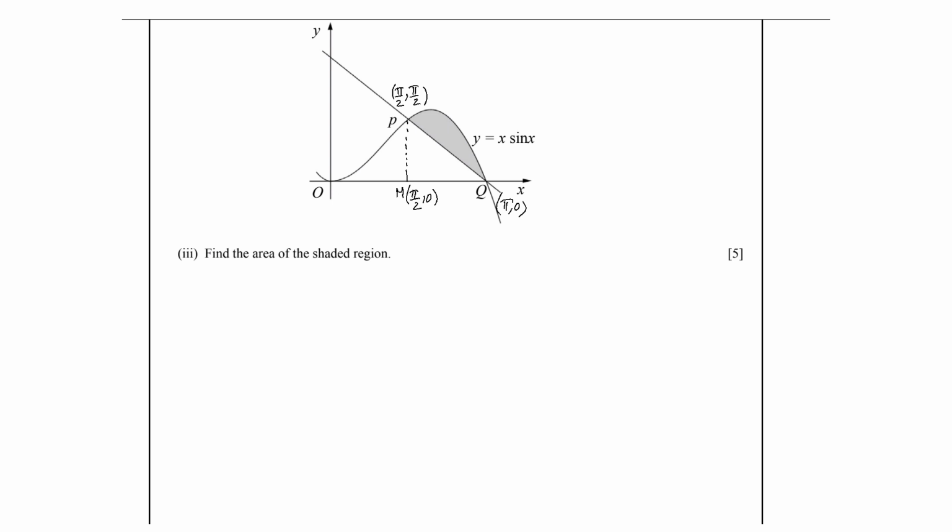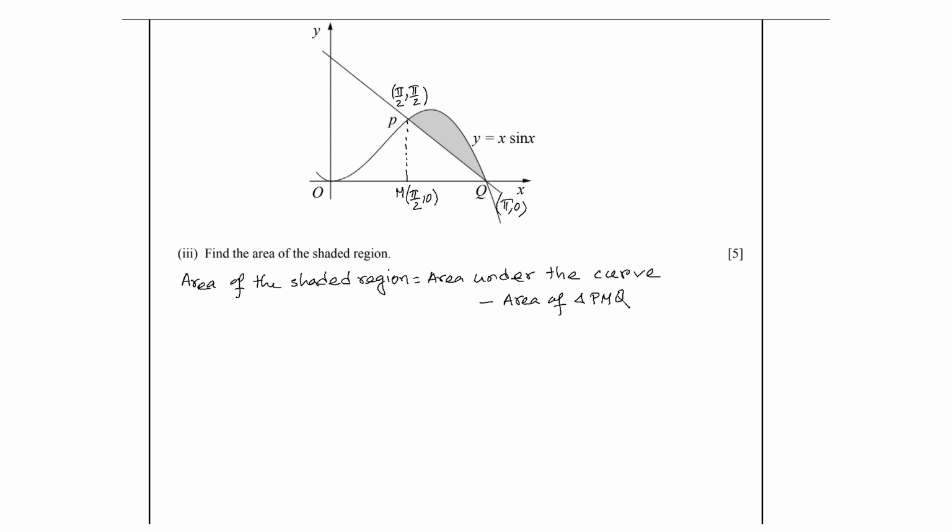But if you subtract the area of PMQ, then we will get our desired area of the shaded region. So we can write area of the shaded region equals area under the curve minus the area of the triangle PMQ.